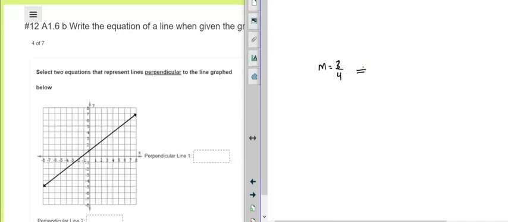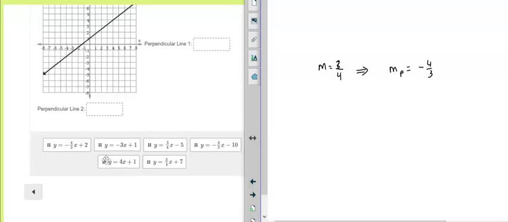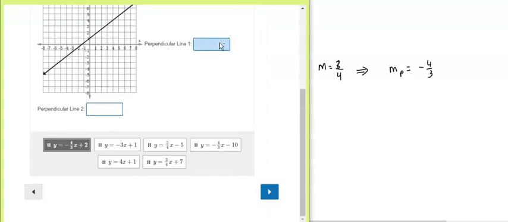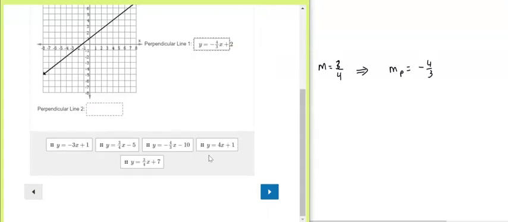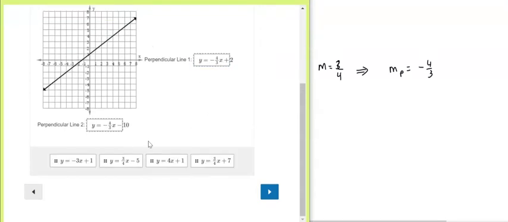Which means the perpendicular slope has to be the opposite sign and reciprocal, so negative 4 over 3. Hold on, my computer's dying. All right, so this one would be perpendicular because it has a slope of negative 4 over 3, and then this one will also work because it has a negative 4 over 3.